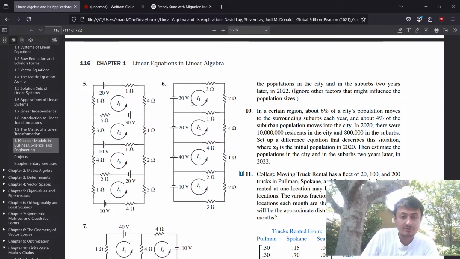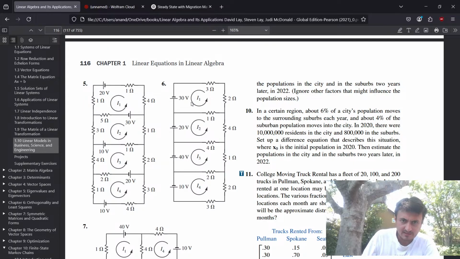So this is just going to be 30 is equal to 6I1 minus I2. Then I2, it's going to be 9.